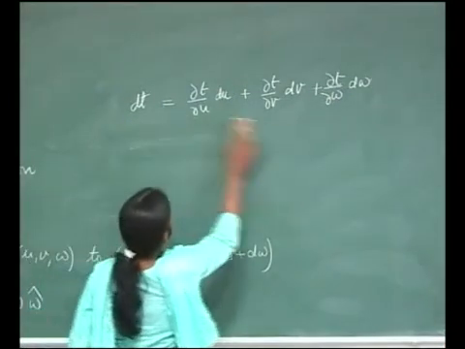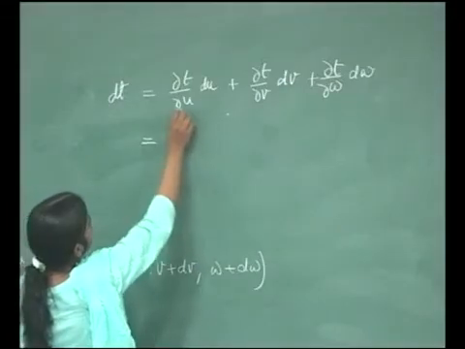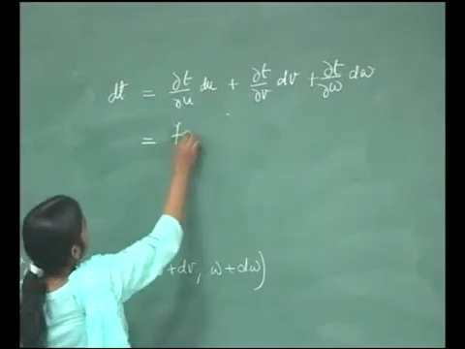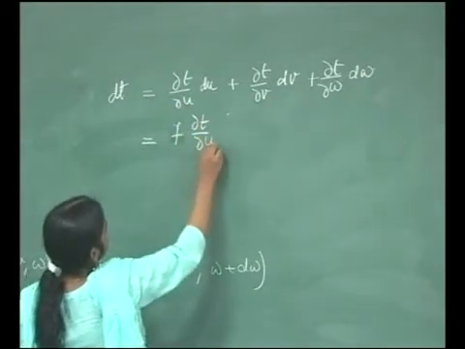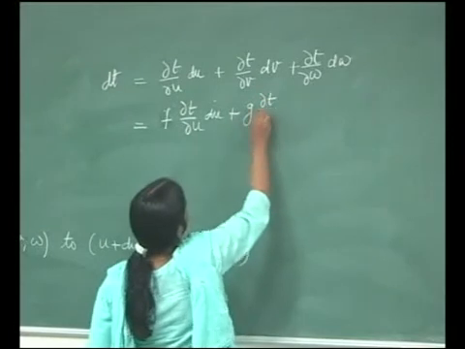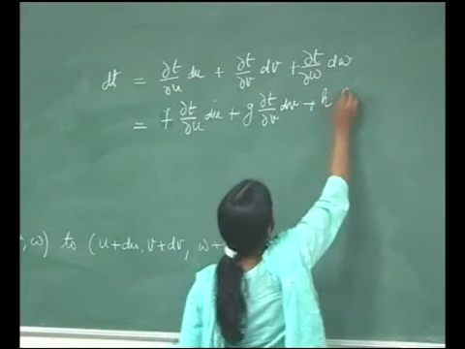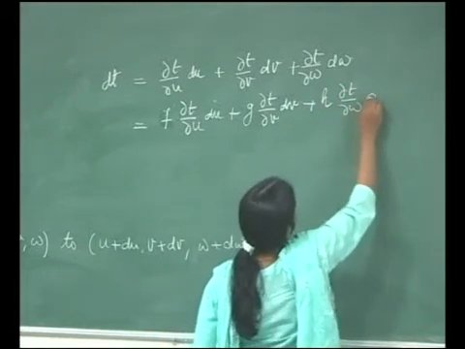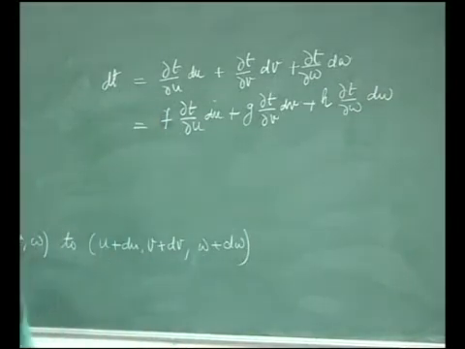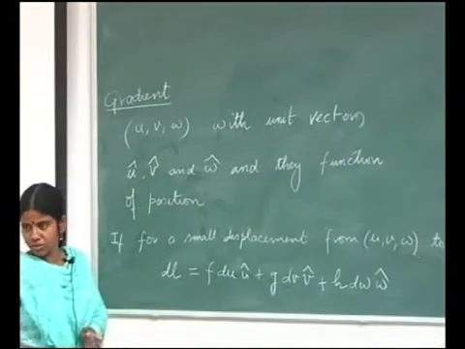I can write here that this is equal to f del t by del u du plus g del t by del v dv plus h del t by del w dw, just to ensure that the dimensions are correct, because the previous expression would have been wrong if the coordinate system was other than Cartesian.